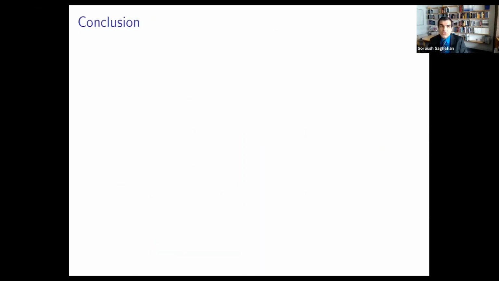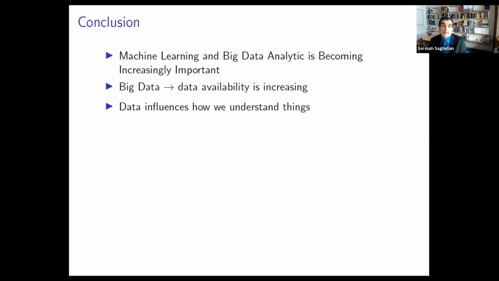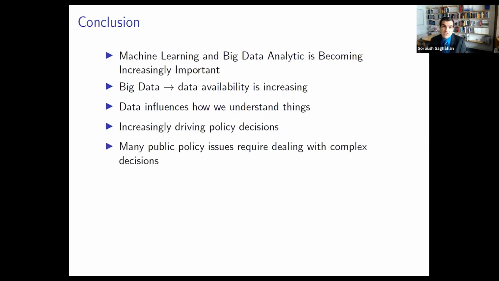So in conclusion, I want to mention that I believe that machine learning and big data analytics is becoming increasingly important. It is making us make much better policies. It's increasingly driving policy decisions. And as you know, many of the public policy decisions require dealing with complex decisions.